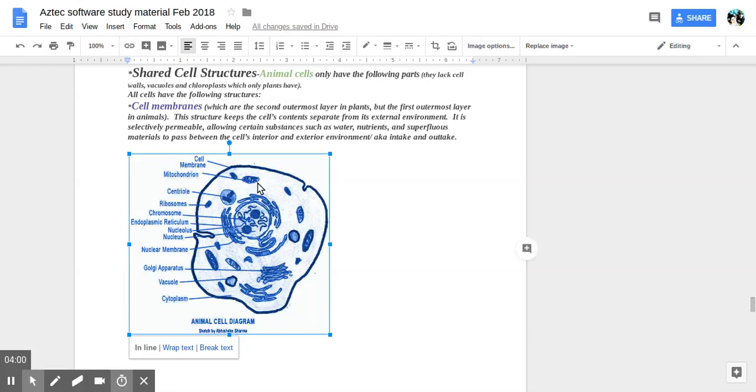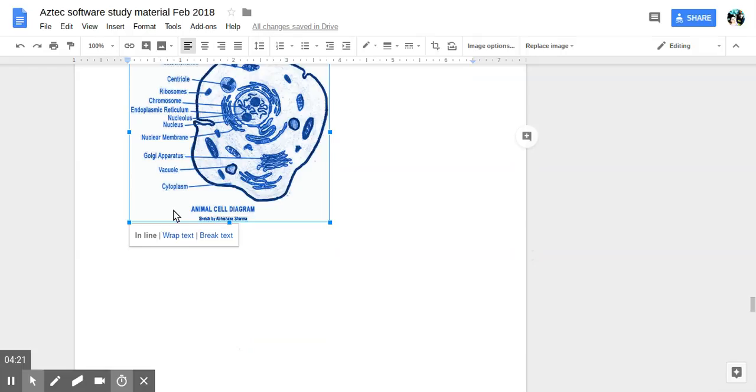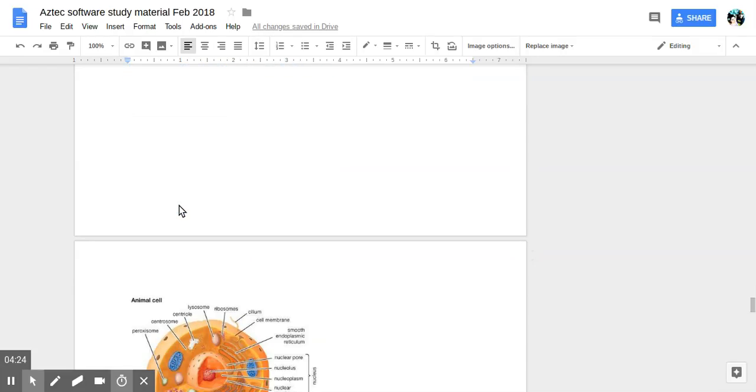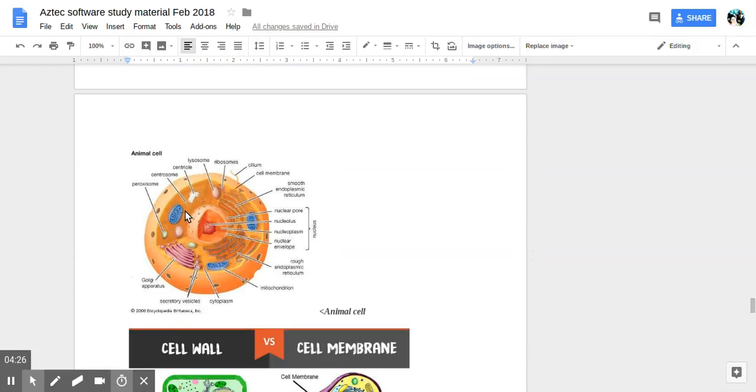The mitochondria is the powerhouse or the energy center of the cell, etc. Ribosomes help with DNA replication, etc. We'll learn more about these in detail coming up.